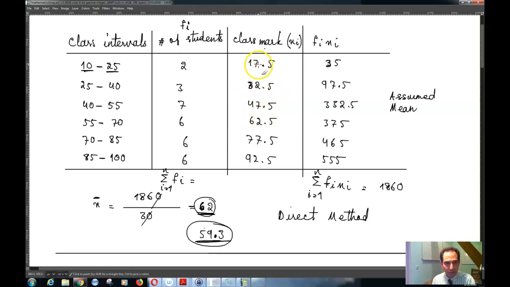You will get some negative numbers over here and you will get some positive numbers over here. So let's try this and see how it works out.